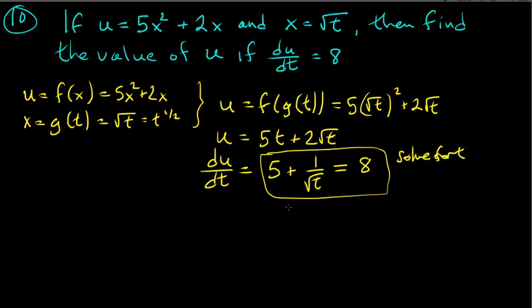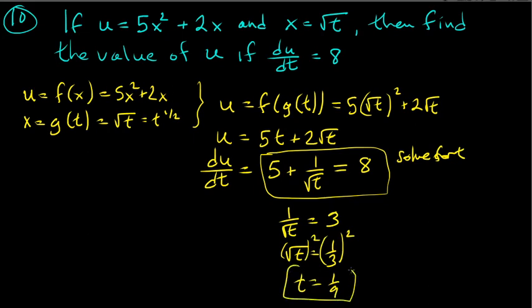Subtract the 5 from both sides, and you get 1 over root t is equal to 8 minus 5, which is 3. Flip both sides, so the square root of t is equal to 1 over 3. And then square both sides. So we get t is equal to 1/9.